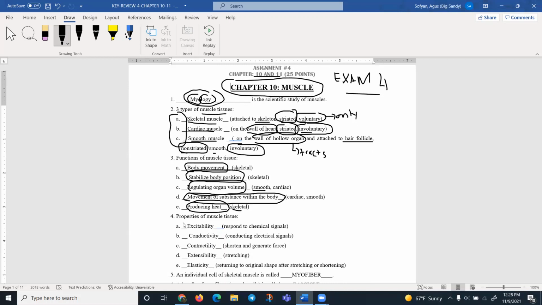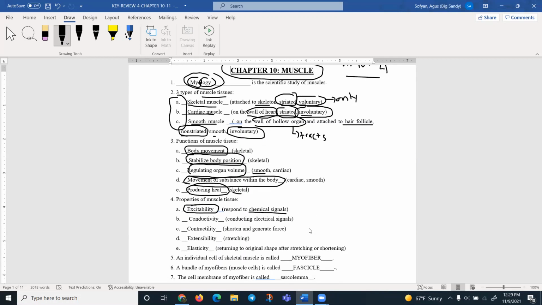Several properties of muscle tissue. The first one, excitability, is to respond to the chemical signal coming from neurons. Conductivity, so they're able to conduct electrical signals, like sodium ions can move from one muscle cell to another muscle cell.